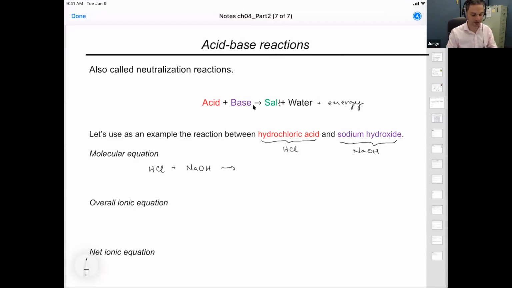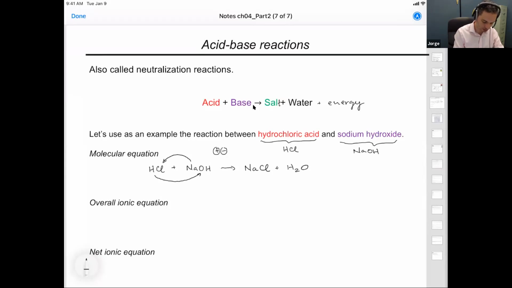Therefore, this is an acid-base reaction, and the products are going to be salt and water. When you are using the molecular equation, you are going to simply combine sodium with chloride. Therefore, that's going to form NaCl, and hydrogen with OH, that's going to produce water. Remember that we always have positive followed by negative.